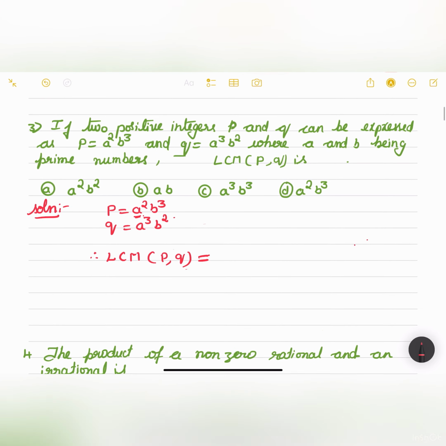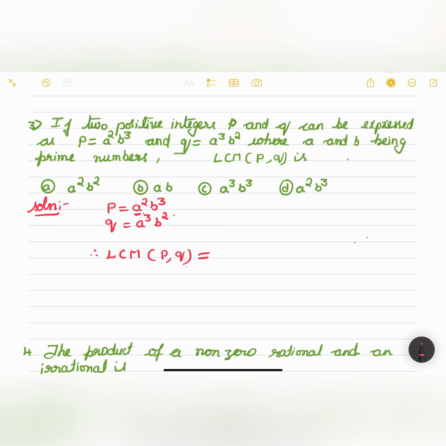Let us go for the third one. If two positive integers P and Q can be expressed as P is equal to A square B cube and Q is equal to A cube B square, where A and B are prime numbers, LCM of P comma Q is how much? When we are finding the LCM using the prime factors, we are going to see the highest power of each. Between A square and A cube, the highest power is A cube, so A cube has to be taken.